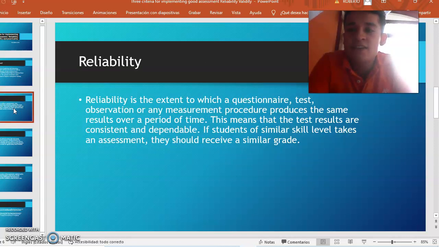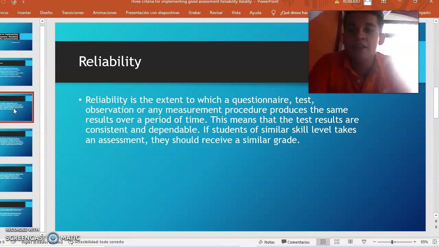Now, the first criteria that we're going to be talking about today is reliability. Reliability is the extent to which a questionnaire, a test, an observation, or any measurement procedure produces the same results over a period of time. This means that the test results are consistent and dependable. If students of similar skill level take an assessment, they should receive similar grades.